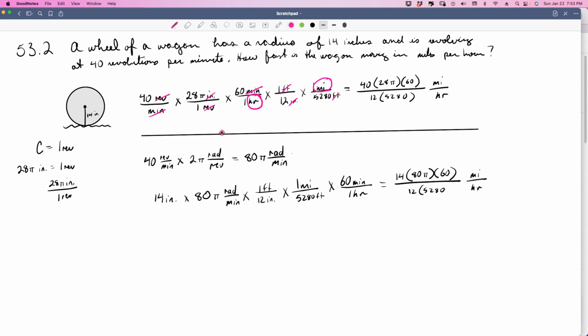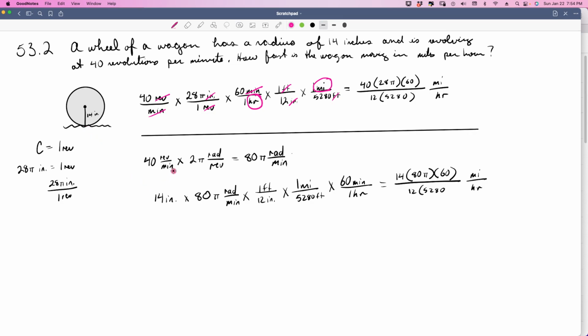And here's my unit of measure, hour. So I have 40 times 28 pi times 60 in the numerator, and then 12 times 5,280 in the denominator. So miles per hour. This is the way I calculated it based on my understanding of angular velocity being the rotation being one revolution and the circumference being the distance of that revolution.